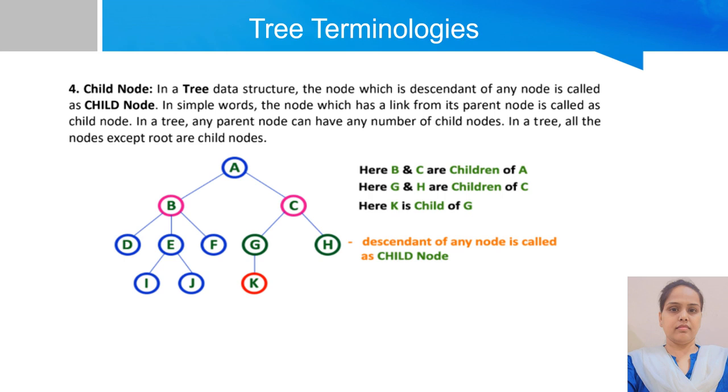In a tree data structure, the node which is a descendant of any node is called a child node. The node which has a link from its parent node is called a child node. Here B and C are the children of A, and G and H are the children of C. Here K is a child of G.